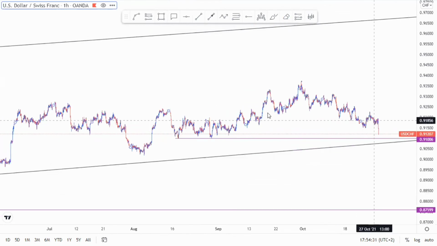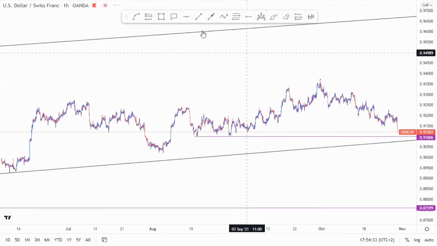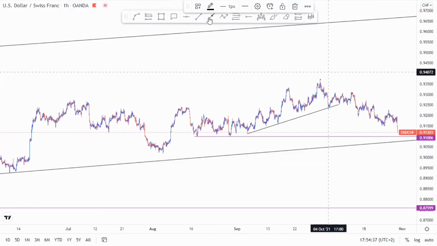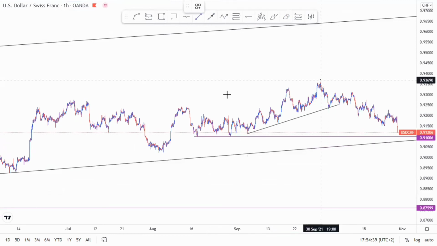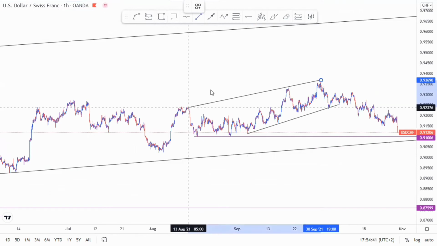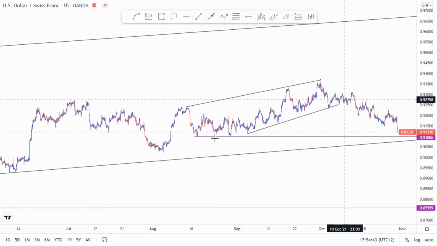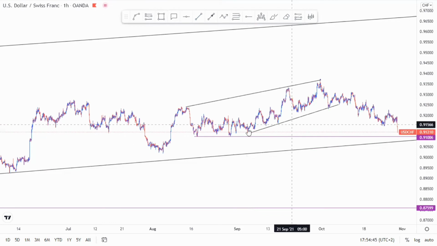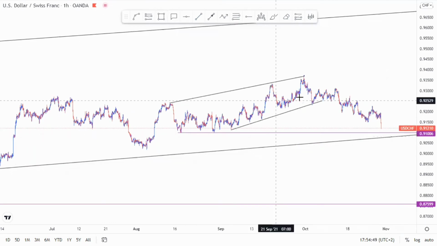If you look over here, there's also an ascending pattern, indicating the price is going to the downside. And this is a 90% rule of this pattern. So when price reaches here, it completes this pattern.